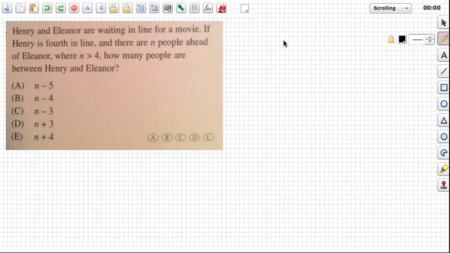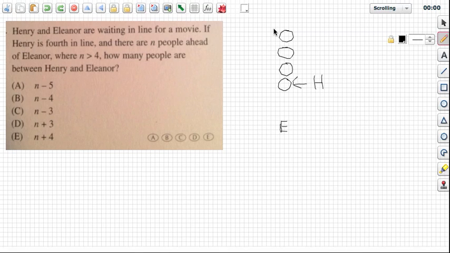So there are 4 people. So 1, 2, 3, 4. Let me double check. Henry is the 4th in line. So 1st, 2nd, 3rd, 4th. So this is Henry. And there are n people in line ahead of Eleanor. So Eleanor might be here somewhere, and we don't know.